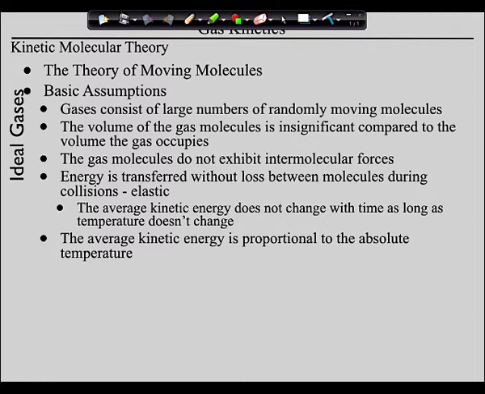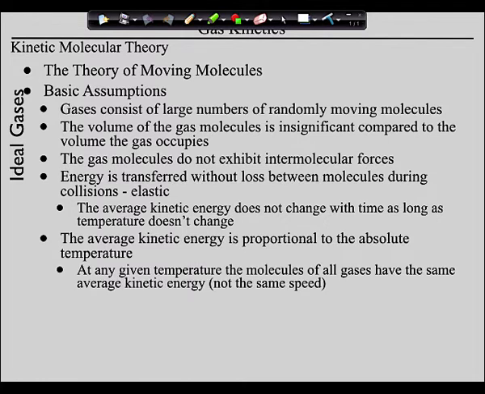And we'll talk about that nuance in a minute, guys. But it basically goes like this. At any given temperature, the molecules of all gases have the same kinetic energy, but not necessarily the same speed. We'll answer the why not question in just a second.